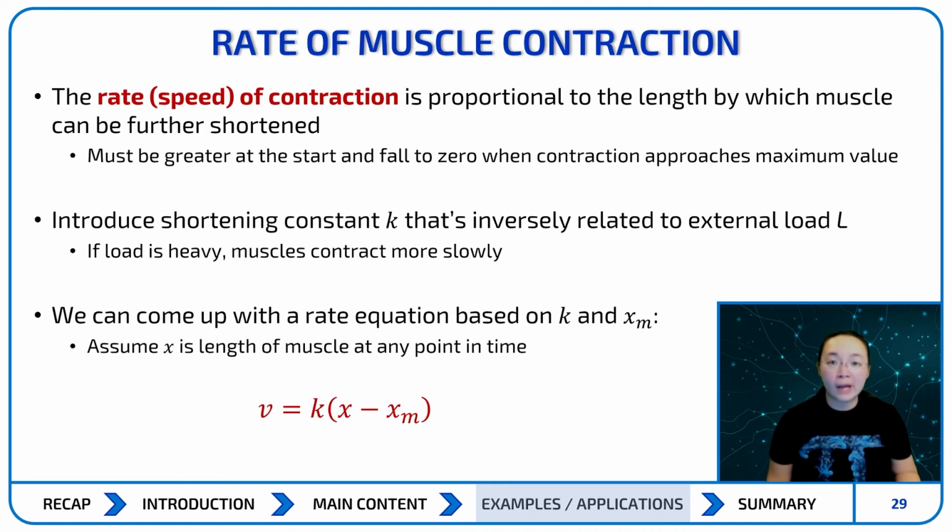If we assume X is the length of the muscle at any point in time, and XM is the minimum distance that it can be, or basically the limit of contraction, then we can say that the rate of contraction is equal to some sort of constant K multiplied by X minus XM.